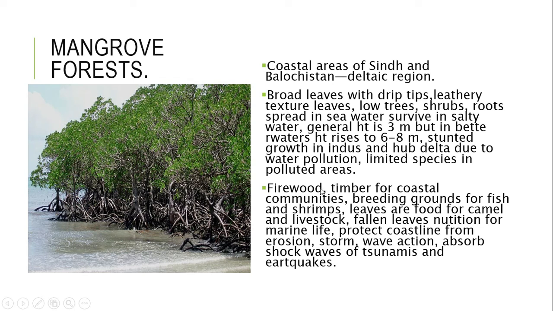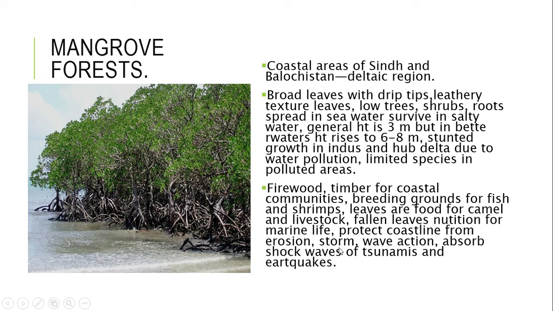Why? Because they provide for firewood, they provide for timber, especially for the coastal communities. They are breeding grounds for fishes and shrimps, and the leaves that fall off are food for camels and livestock. The fallen leaves are also nutrition for marine life. They protect the coastal line from erosion, because they keep the land intact. The erosion that happens during floods is checked with the help of these mangroves.